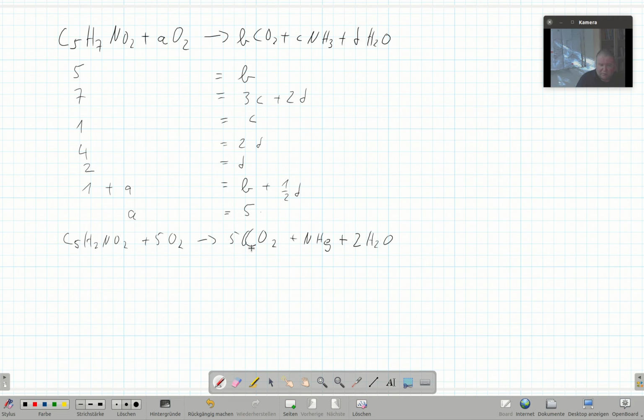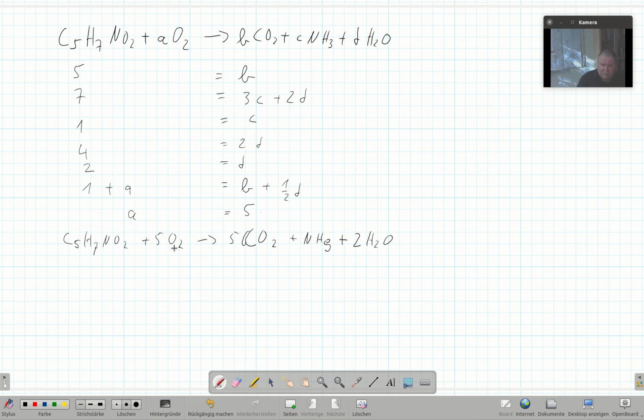To check the C balance: 5, 5. The H balance, so here should be 7: there we have 3 plus 4, 7. The N balance: 1, 1. And oxygen, we have here 6, and here 5 and 1.